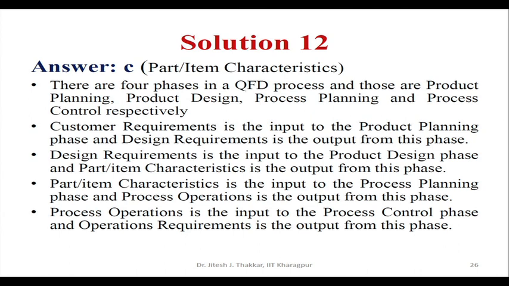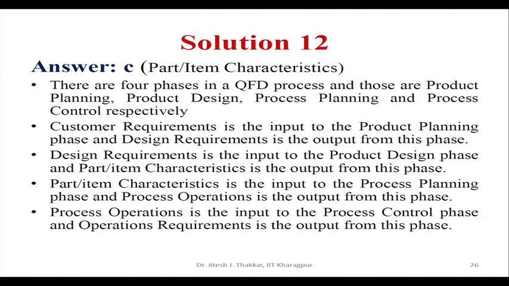There are 4 phases as you have learnt in QFD. Number 1 is product planning, number 2 is product design, process planning is the third one, and process control respectively. So, customer requirement is the input to the product planning phase, and design requirement is the output from this phase.